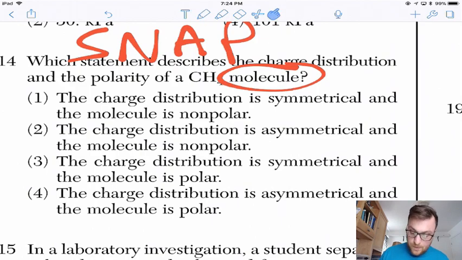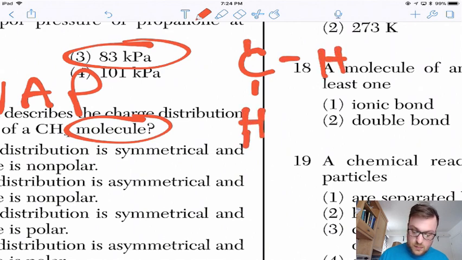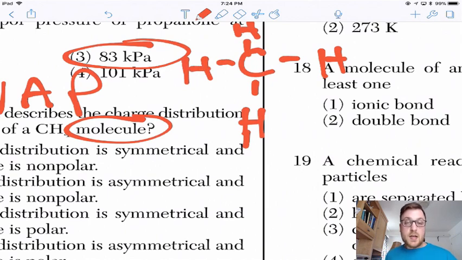So, carbon has 4 valence electrons, which means it can have up to 4 bonds. There's 4 H's around it. So, those are our 4 bonds. Is this molecule symmetrical? I would say yes, because there are no lone pairs on the central atom. So that means carbon is just surrounded by bonds, no dots.